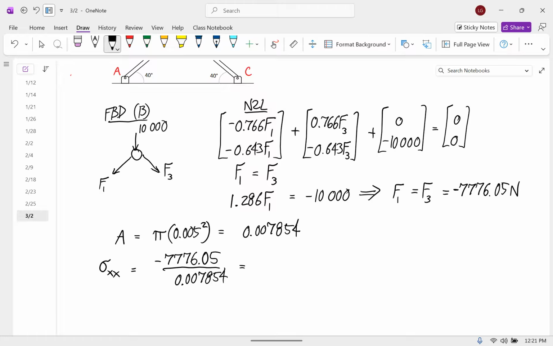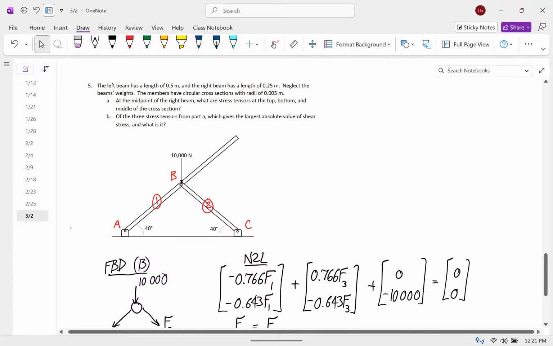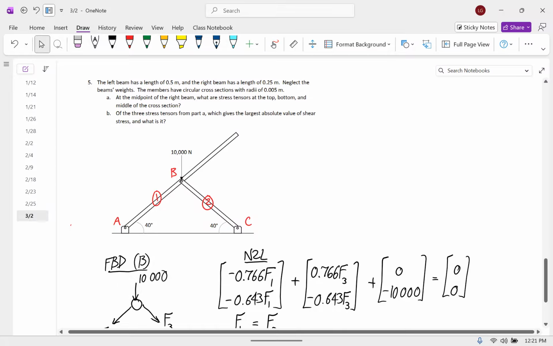And that is negative 0.990 times 10 to the 6 pascals.